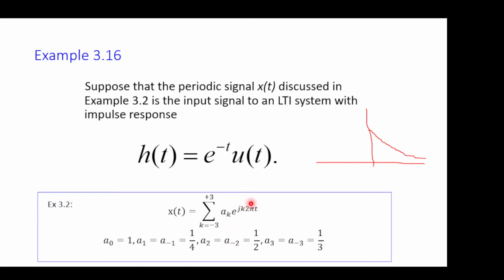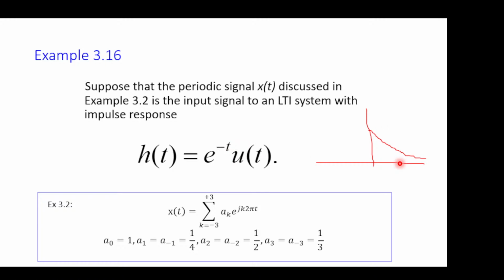It has omega_0 equal to 2 pi, so that means the period T equals 1. It goes through an LTI system with this impulse response: small h of t is e^{-t}, an exponential decay, cut off with u of t at t equals 0.